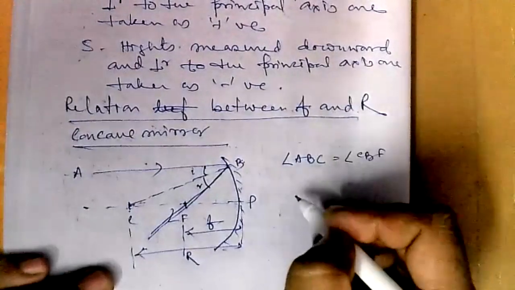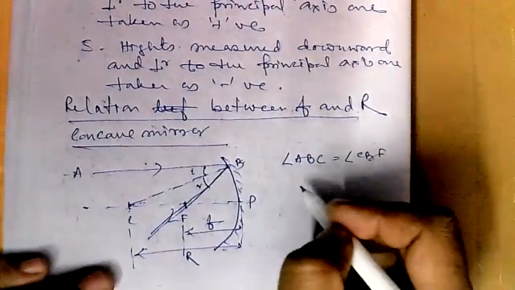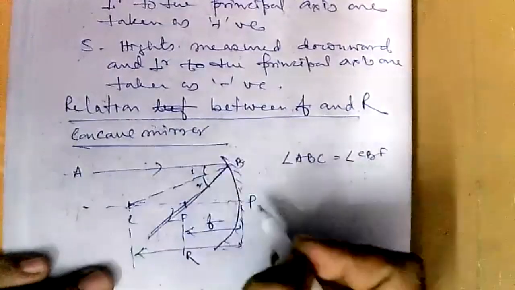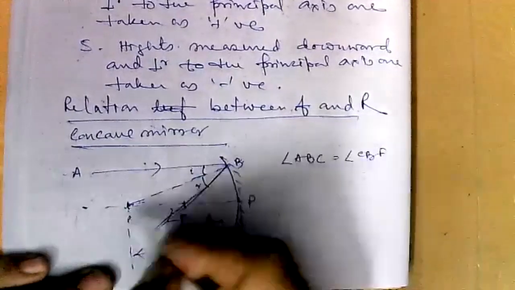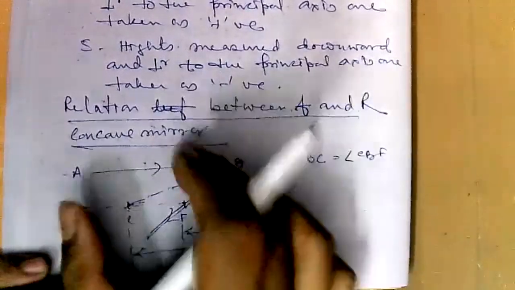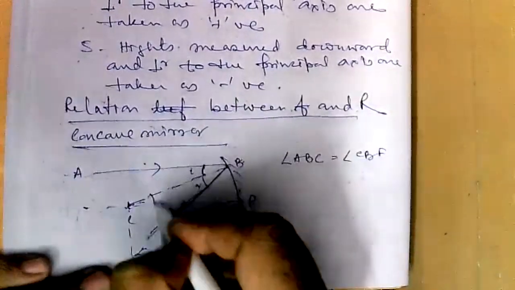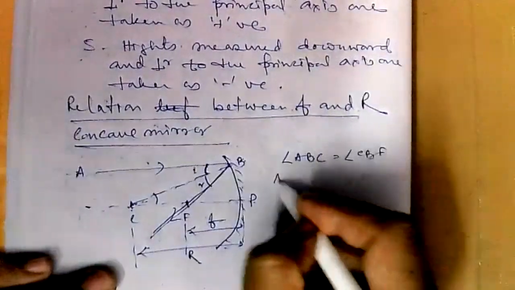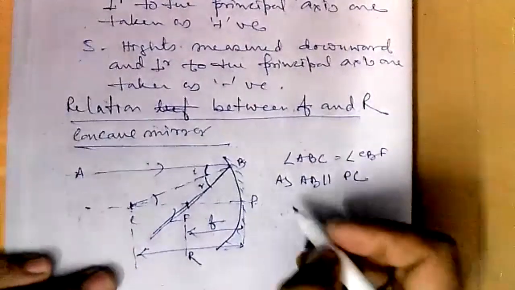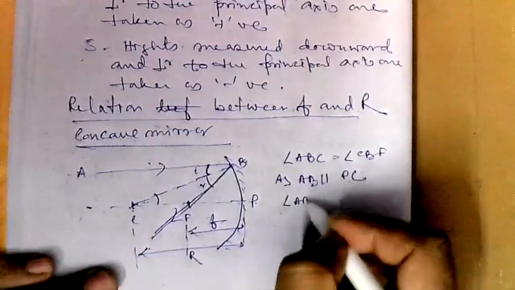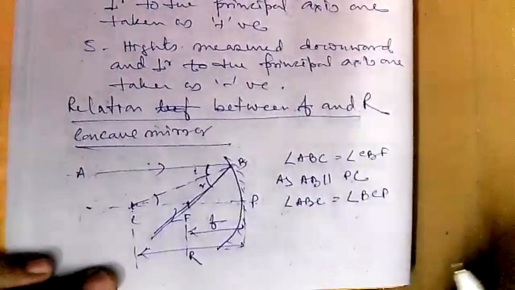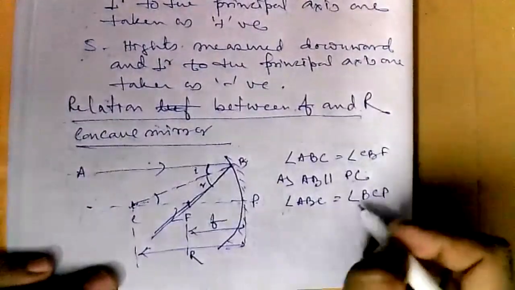Again, angle ABC is equal to angle BCP, because AB and PC are parallel. So these two angles are equal. As AB is parallel to PC, angle ABC is equal to angle BCP or angle BCF.